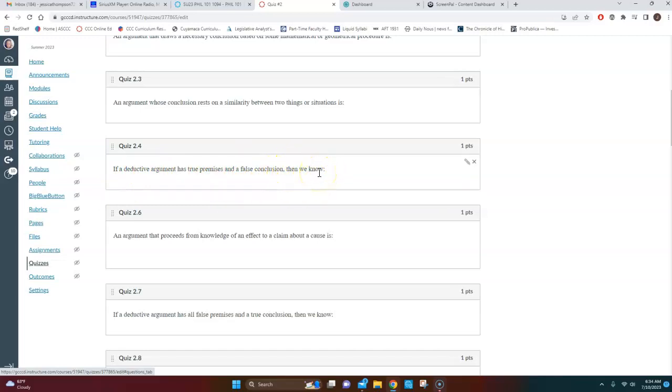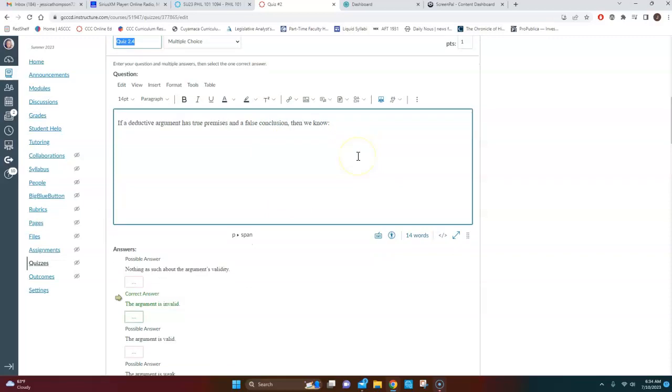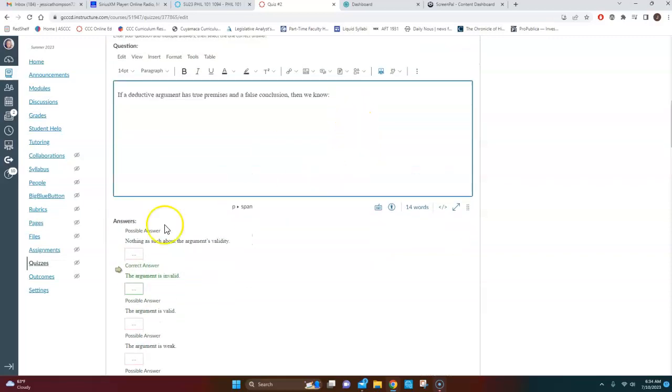It's asking what we can possibly know about a deductive argument with these qualities. The answer to this is in section 1.4 of the textbook, in one of those little charts. Keep that in mind. Using that chart, you'll be able to figure out that the argument is invalid.